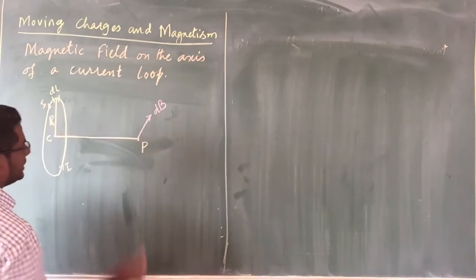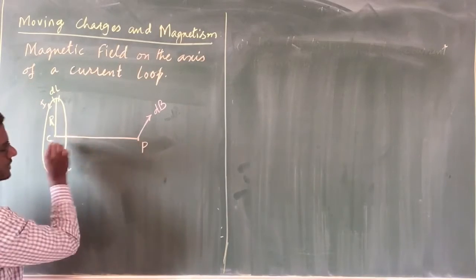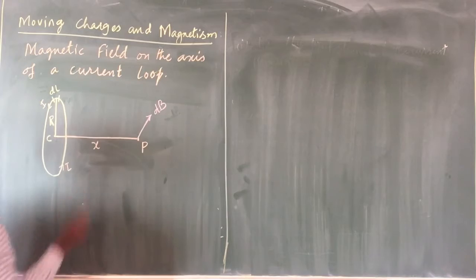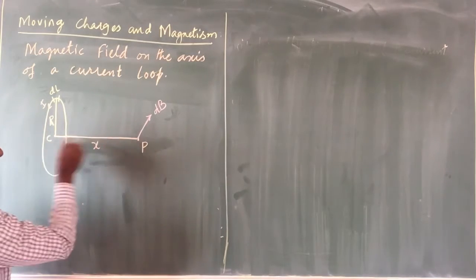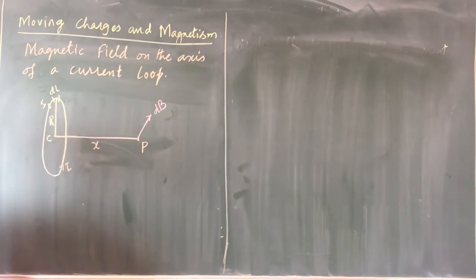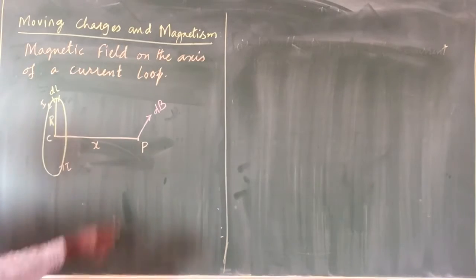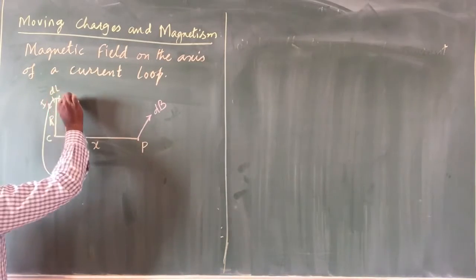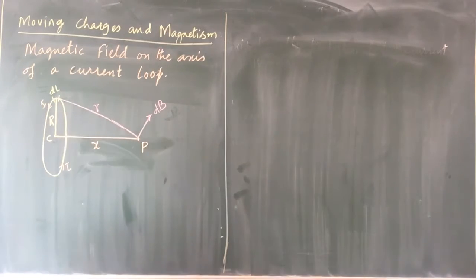Now we need the distance between these two. Point P is at a distance of x from C, so C to P, the distance we take as x. Now I want the distance from this dl to point P. Let's take this as small letter r.